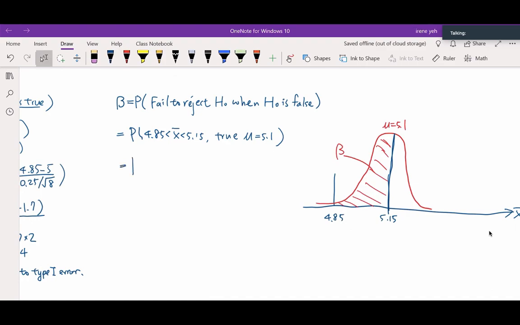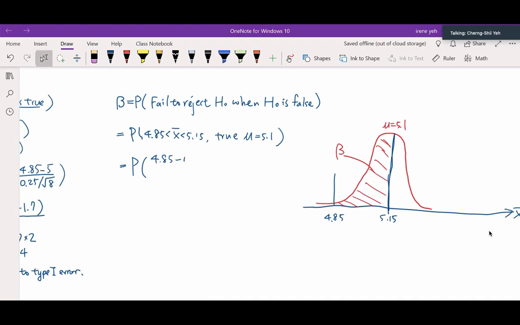Okay, so probability, let's standardize it. 4.85 subtract the mean. What is the mean of this process? It's not 5 anymore. Very important, knowing what is the population you're deriving.